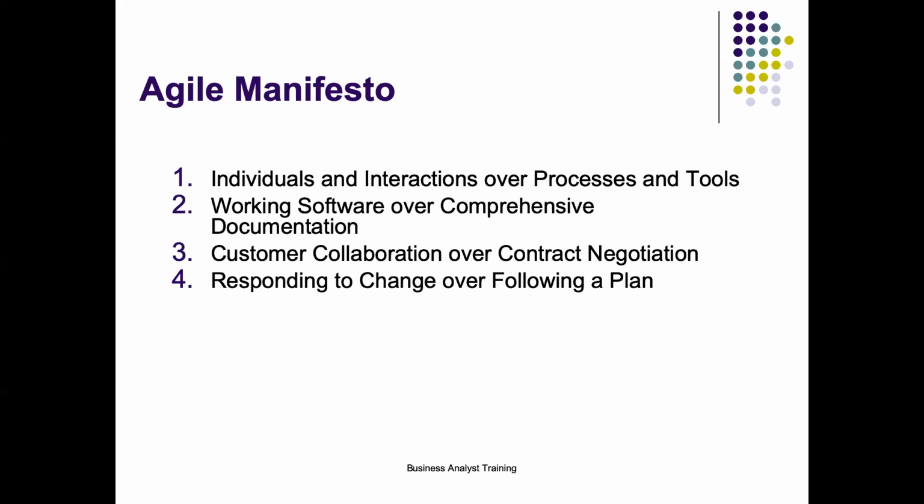Similarly, the second is working software over comprehensive documentation. That is very, very important, and that's why Agile got so much hype, because Agile says documentation should be enough such that the system can be developed, and then it says that working software is far more valuable than any sort of comprehensive documentation, because documentation is still documentation, and working software is much more valuable as per Agile.